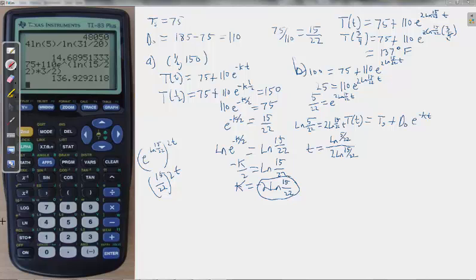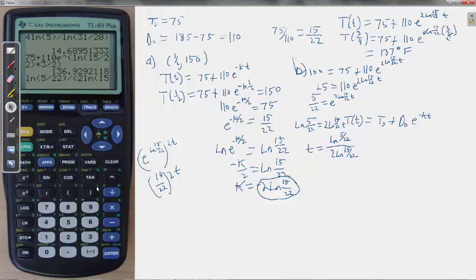So let's see what we get. Ln of 5 over 22 divided by, don't forget to put parentheses around the denominator because I have multiple factors down there, 2 ln of 15 divided by 22.